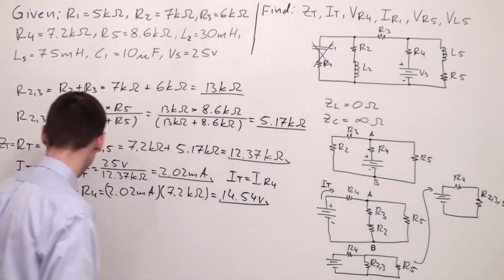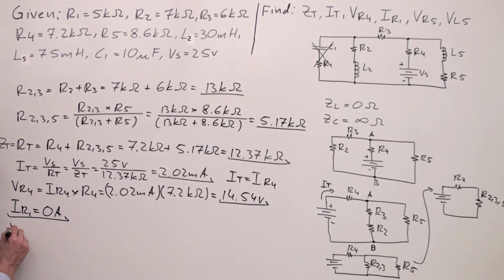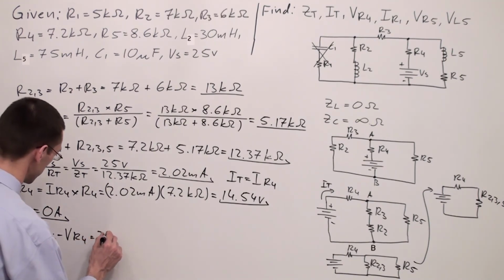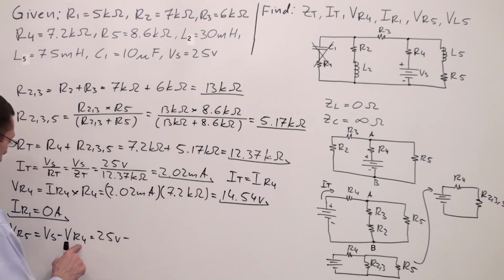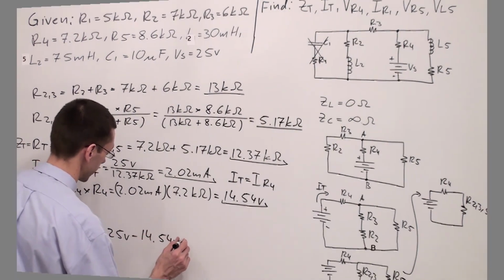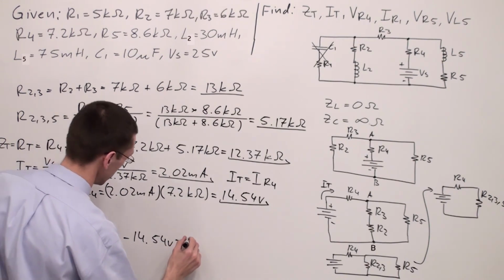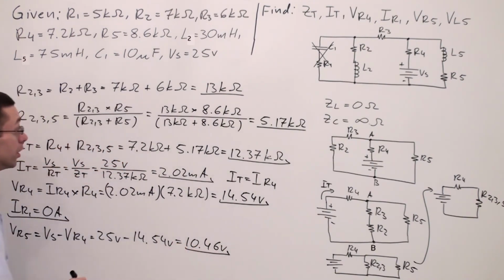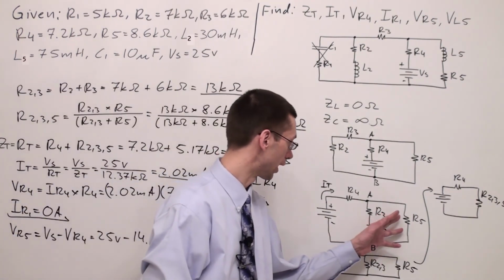That's why I can simply write that VR5 is equal to the voltage source minus VR4. So VS is equal to 25 volts minus VR4, which is equal to 14.54 volts. This is equal to 10.46 volts. So this is the voltage across resistor R5.